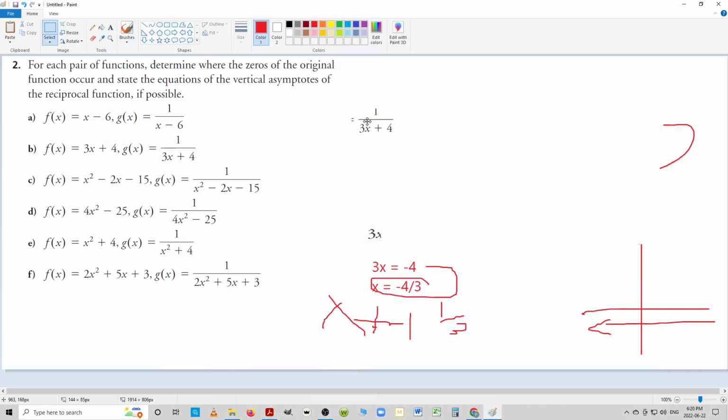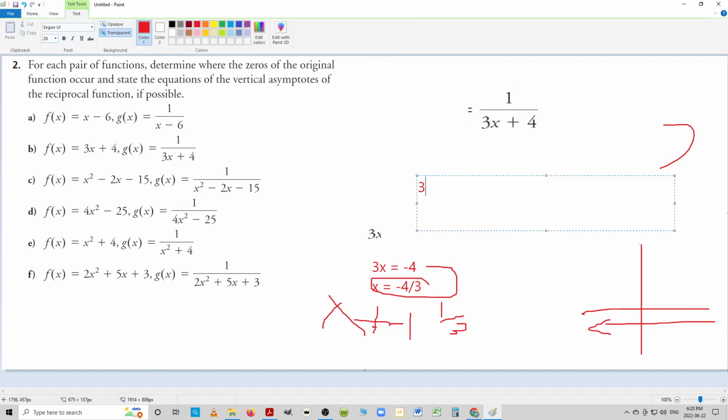Well, if I'm going to ignore the numerator and I just factor out a 3 at the bottom, I get x plus 4/3. And that tells me right away the same vertical asymptote. However, I can see that there's also a 3 beside my x. So we're talking not about a horizontal stretch, but a horizontal compression of 1/3, because the 3 does the opposite.